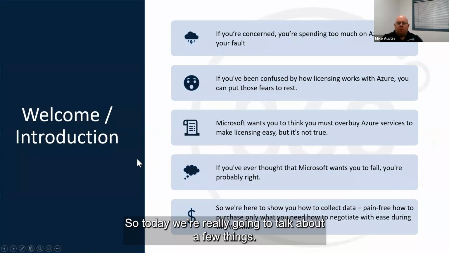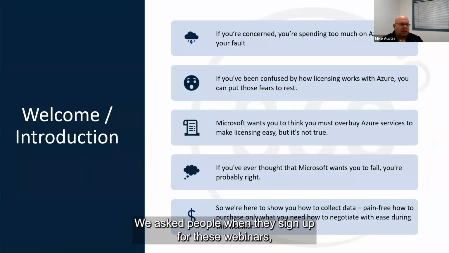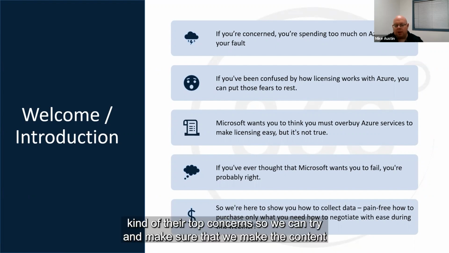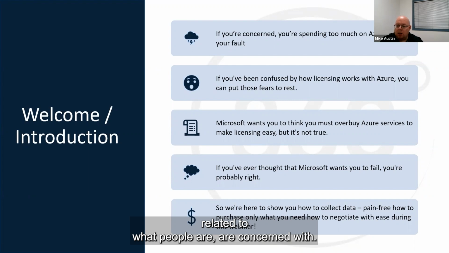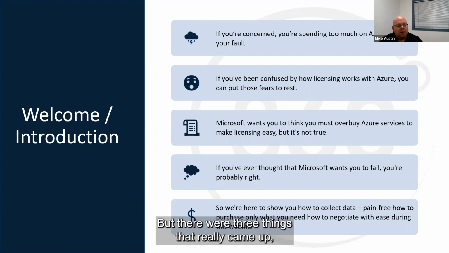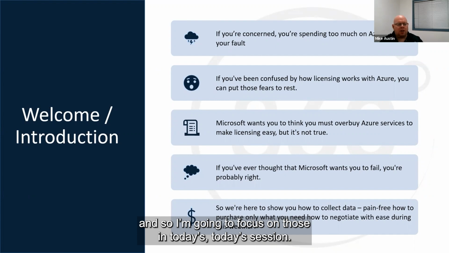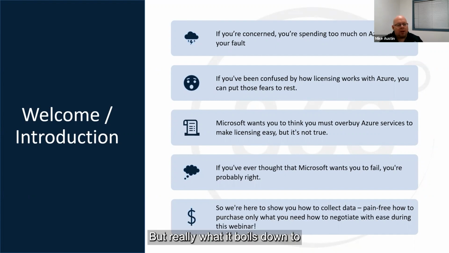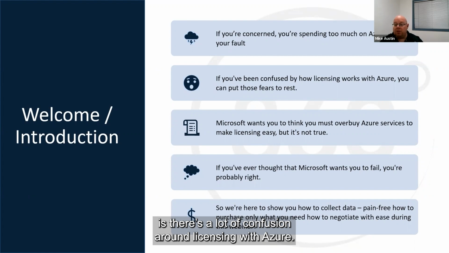So today, we're really going to talk about a few things. We ask people when they sign up for these webinars about their top concerns, so we can make sure the content is related to what people are concerned with. There were three things that really came up, and I'm going to focus on those in today's session. What it boils down to is there's a lot of confusion around licensing with Azure.